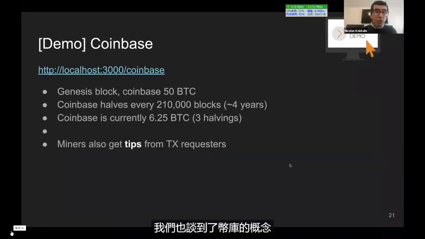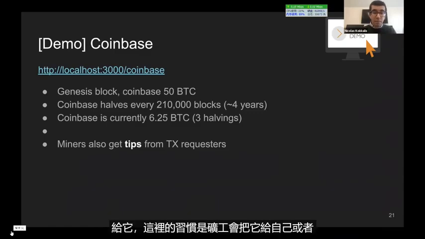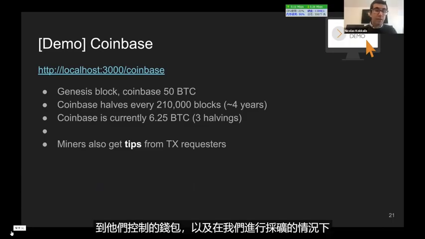We also talked about the concept of a Coinbase. Every block is coupled with a transaction that produces new Bitcoin out of thin air, and it gives it to whoever the miner decided to give it to. The custom is that the miner would give it to themselves or to a wallet that they control.